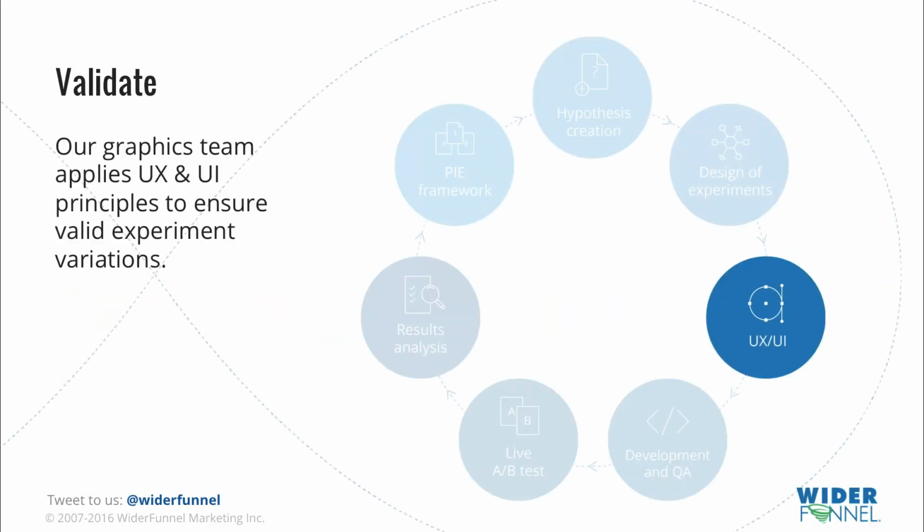So the design of experiments directs how the test is run and what we're testing, and then we've got trained UX and UI designers, of course, that execute on that test design. Make sure that all the variations match the graphic standards and that they are high quality and that they're designed with persuasion and conversion principles in mind.